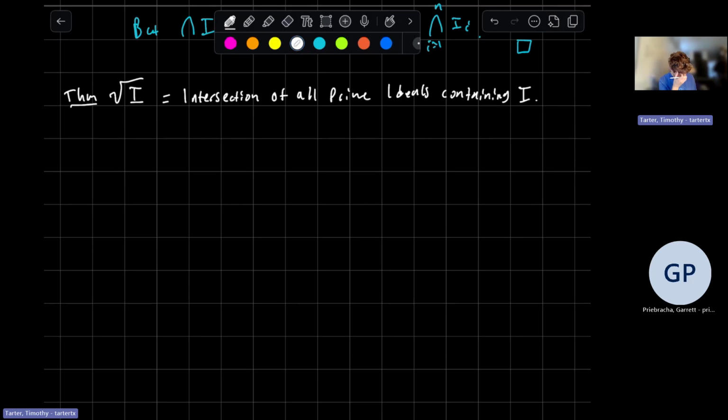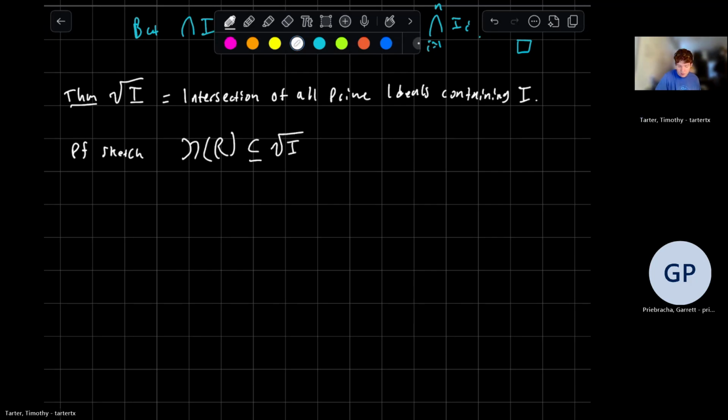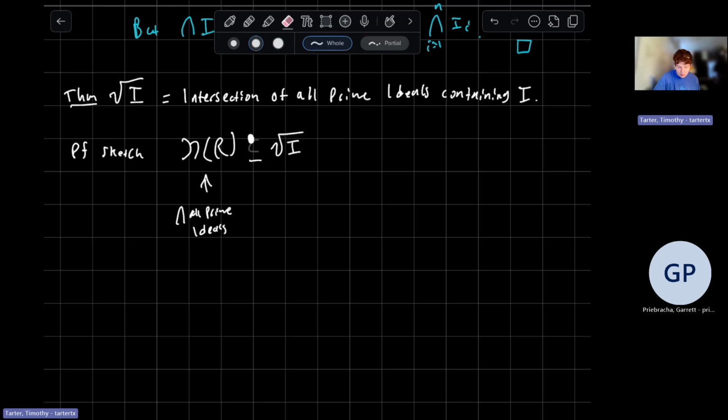So the proof sketch here is that the nil radical on R is a subset of root I, since this is the intersection of all prime ideals.